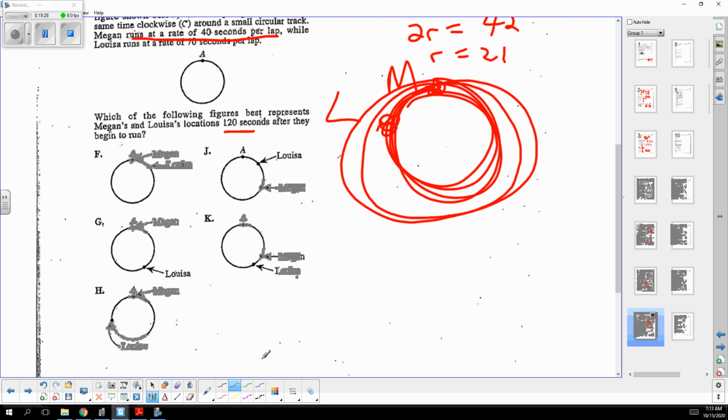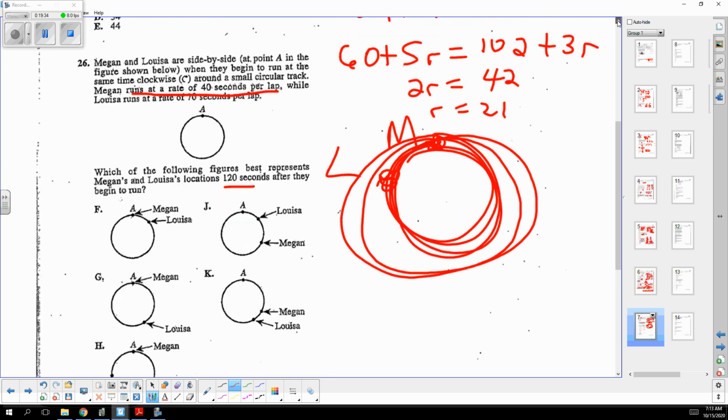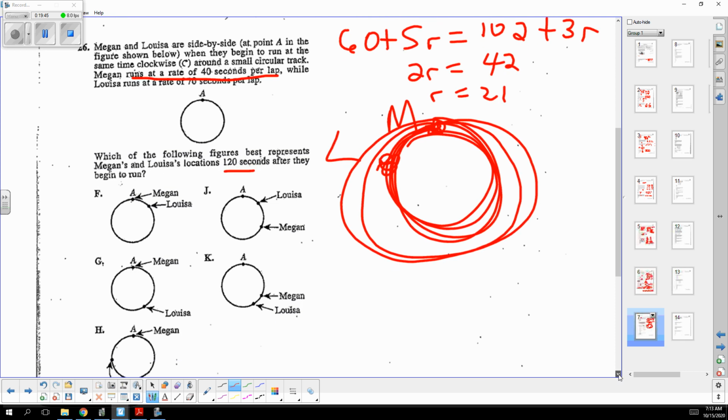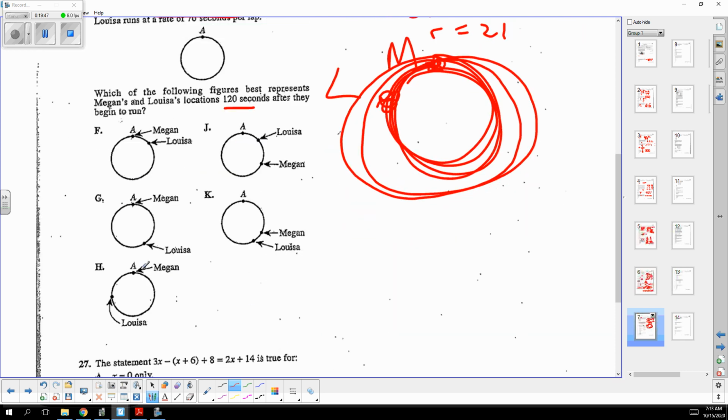Because H is the only one that has as its answer something like what they're running. So Megan is back home and Louisa is almost finished her second lap.